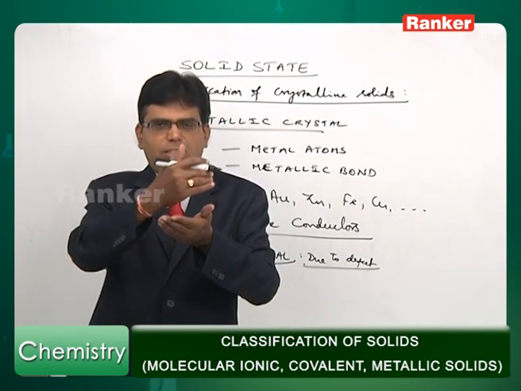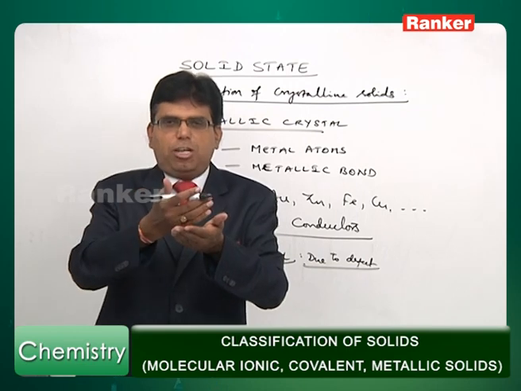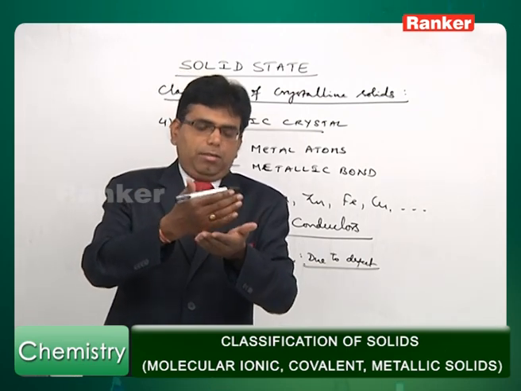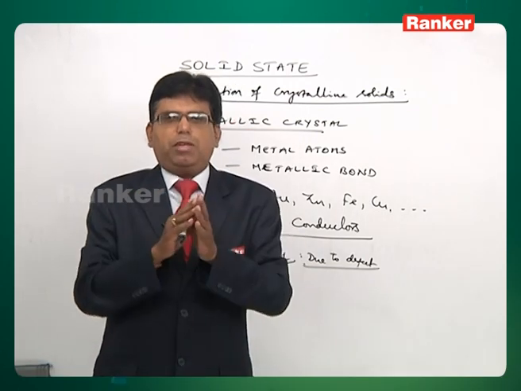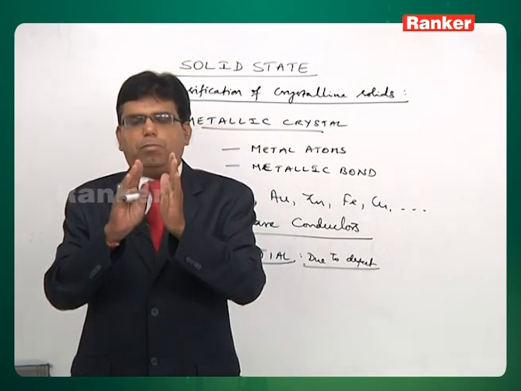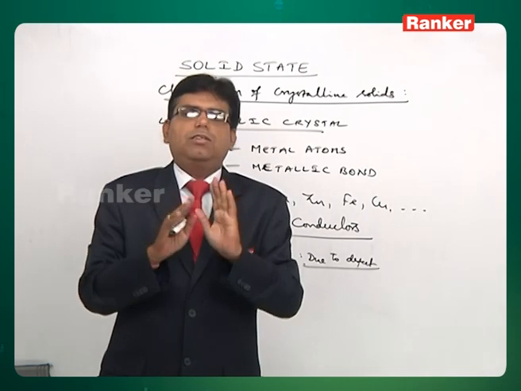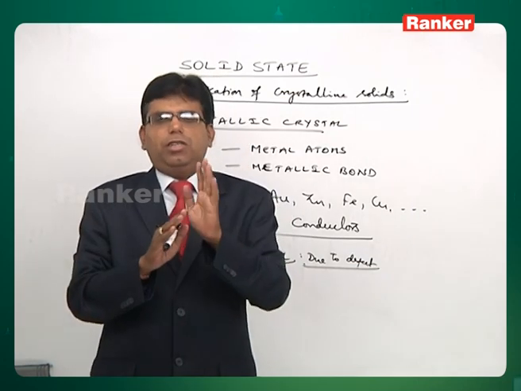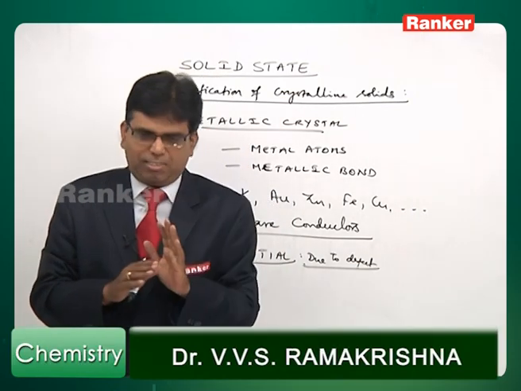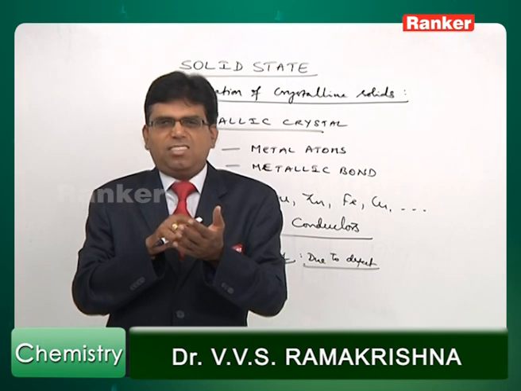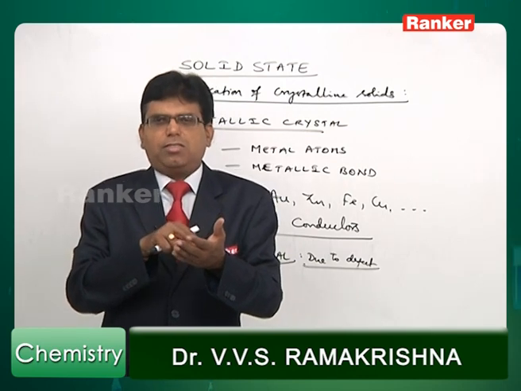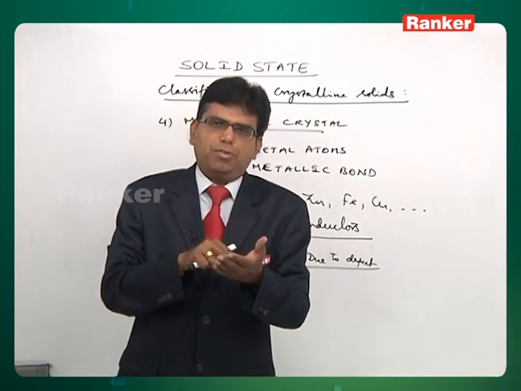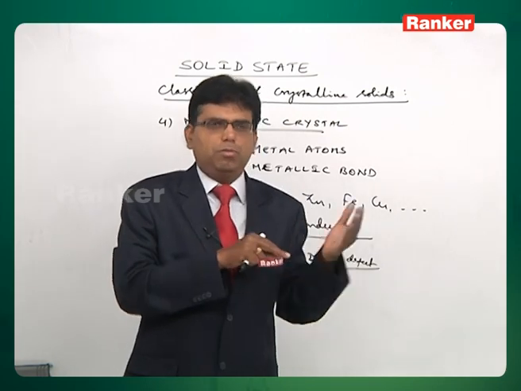First, what is the related terminology? Here the whole arrangement of atoms or molecules or ions in any crystalline solid is what we call the crystalline lattice. Then what is crystalline lattice? What is a unit cell? What are the different types of unit cells? This all we now discuss.